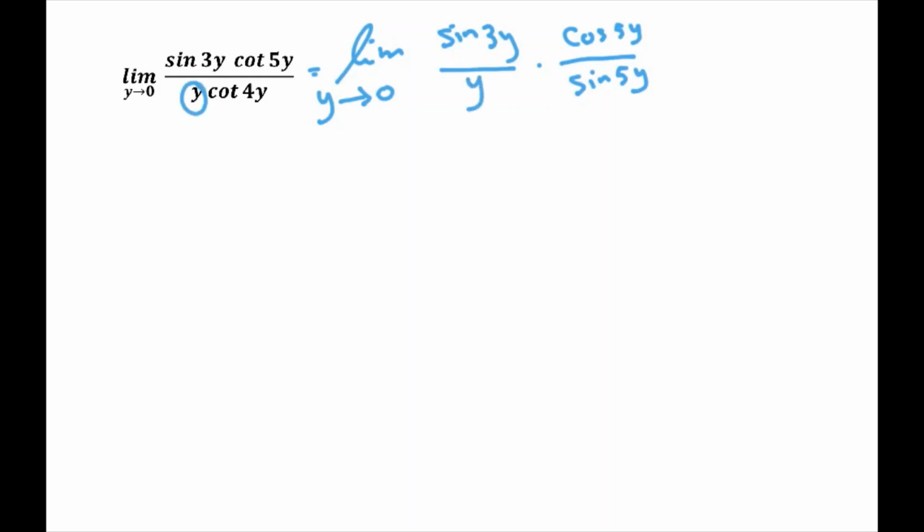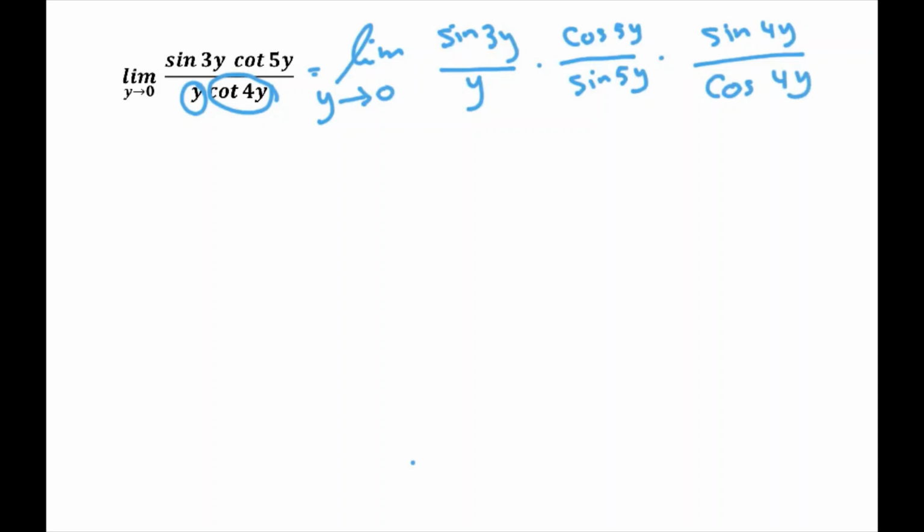Now the cotangent on the bottom is equal to cosine over sine. When I move it up, it will be sine 4y over cosine 4y.